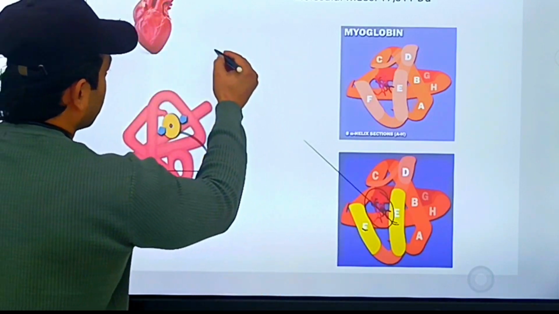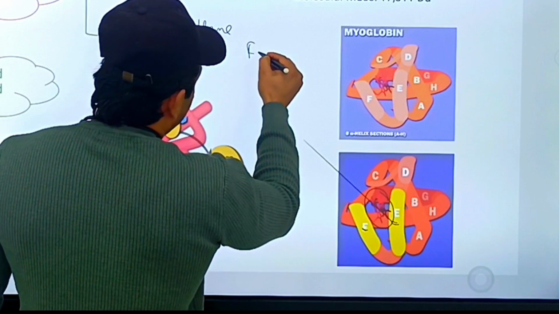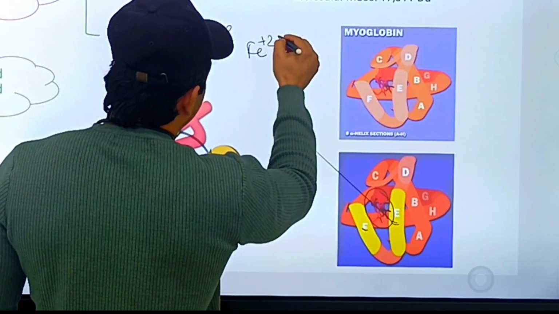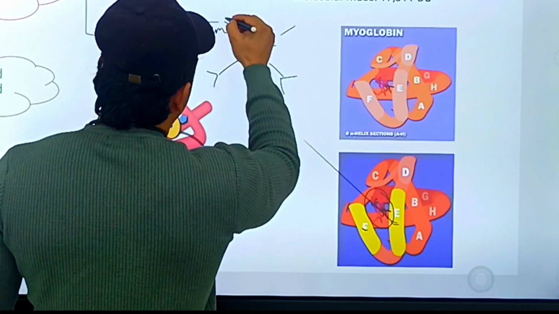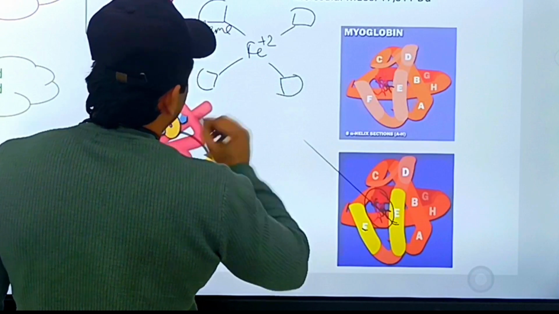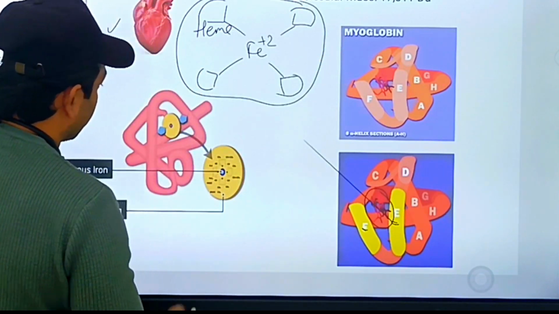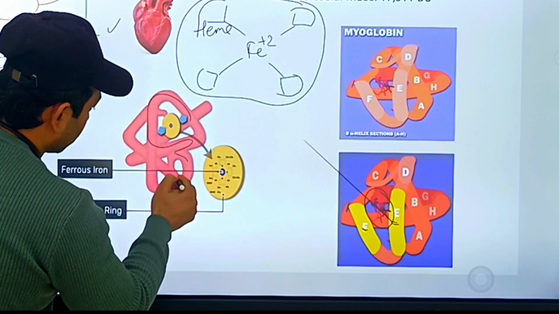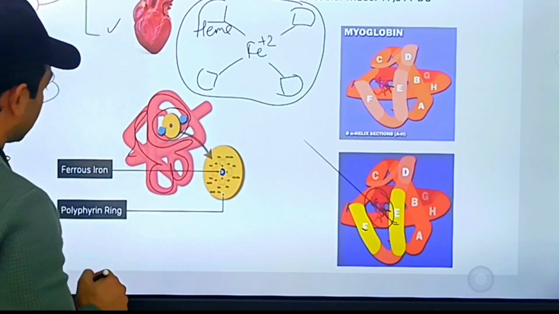As you know, how is the heme moiety formed? There is one center iron, which is in the ferrous form, and 4 pyrrole rings are connected with this iron. This is how the heme molecule is formed, and this heme molecule is connected with the myoglobin protein. If you see, this is the protein molecule, and in it the heme moiety is connected here.